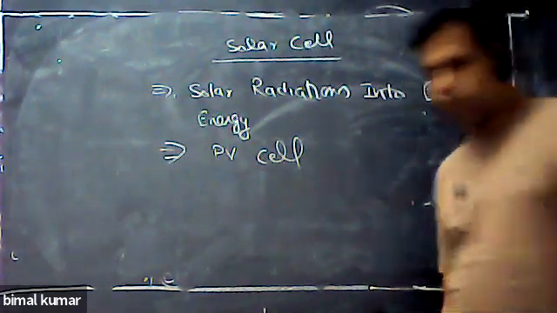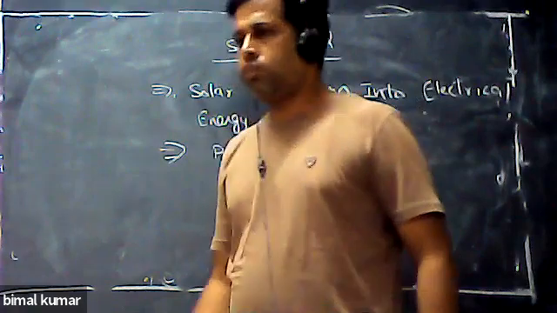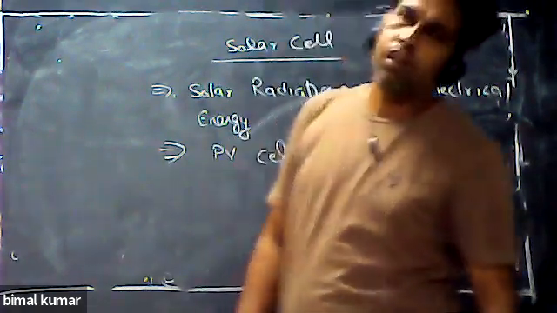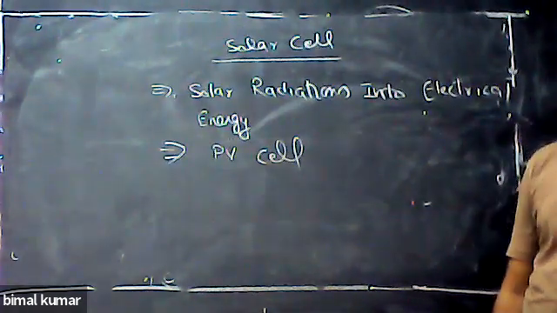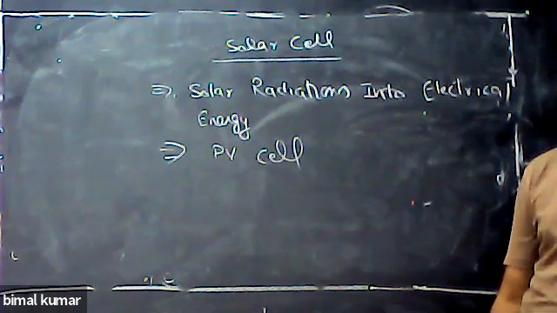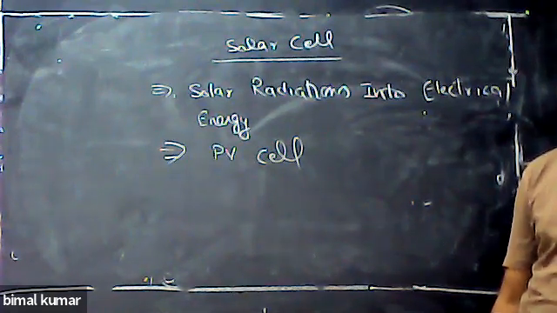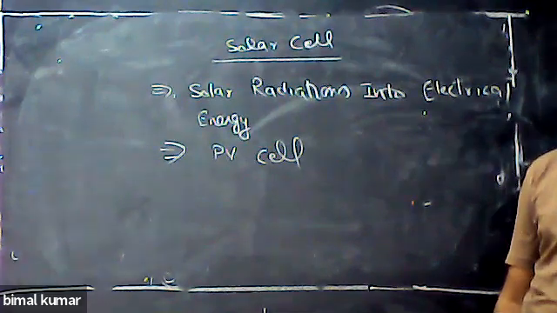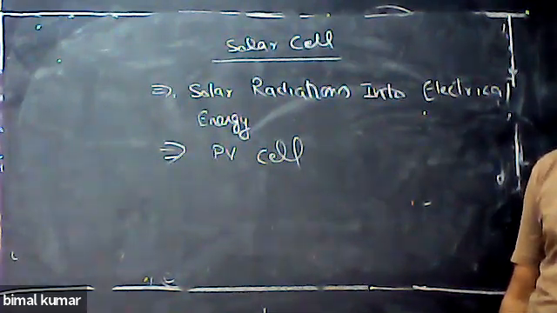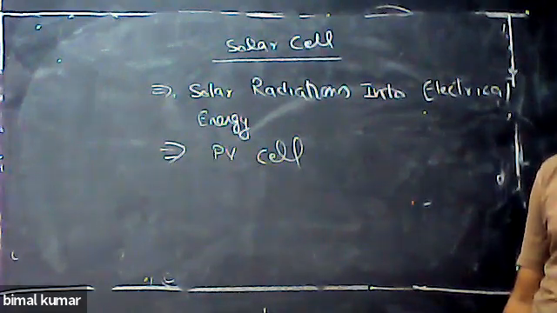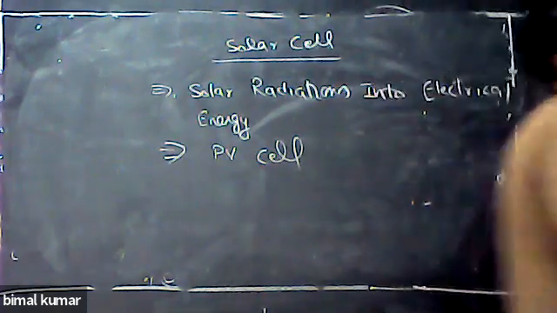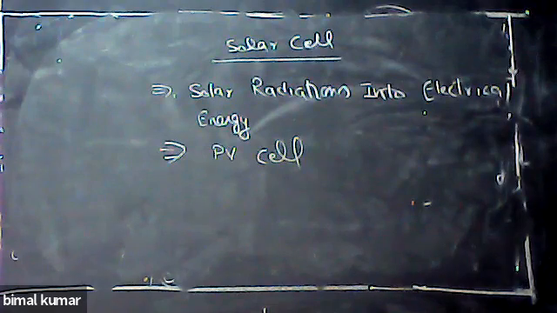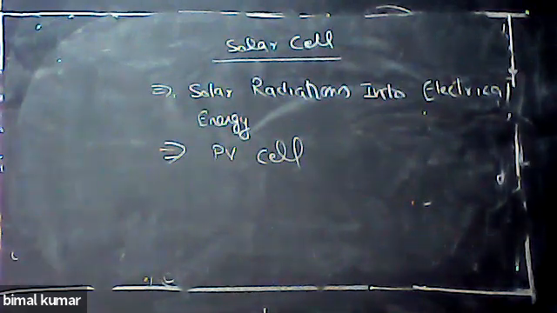The EMF generated from the solar cell is unidirectional, that is DC, which means it may be stored with the help of some battery. By charging some battery, we will be able to store some electrical potential for some time, right?